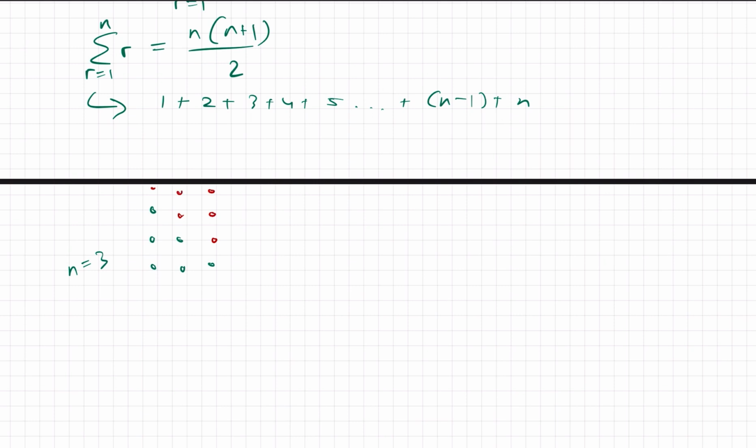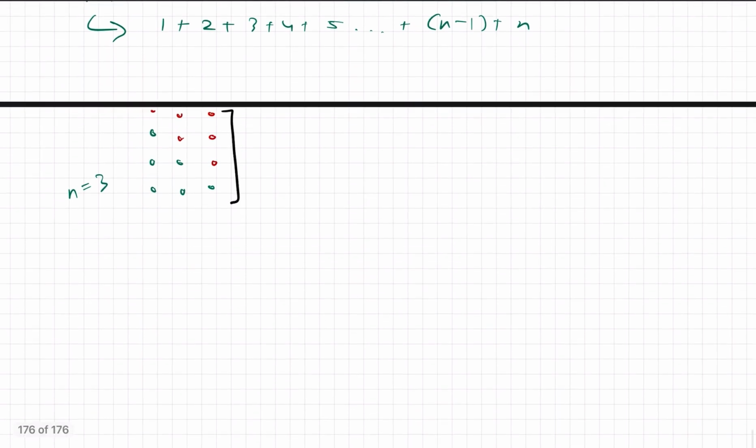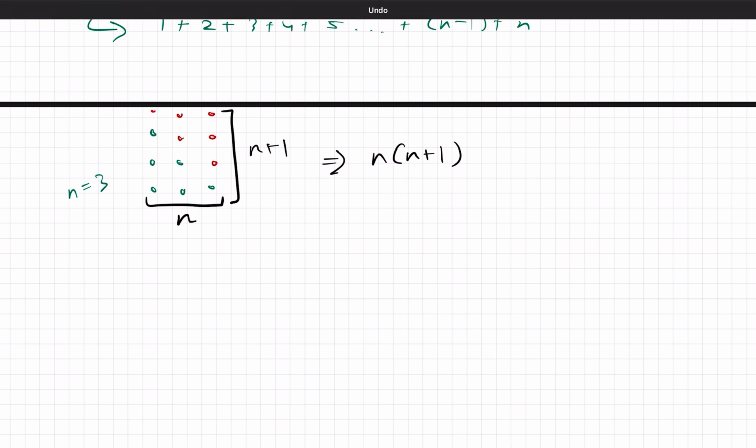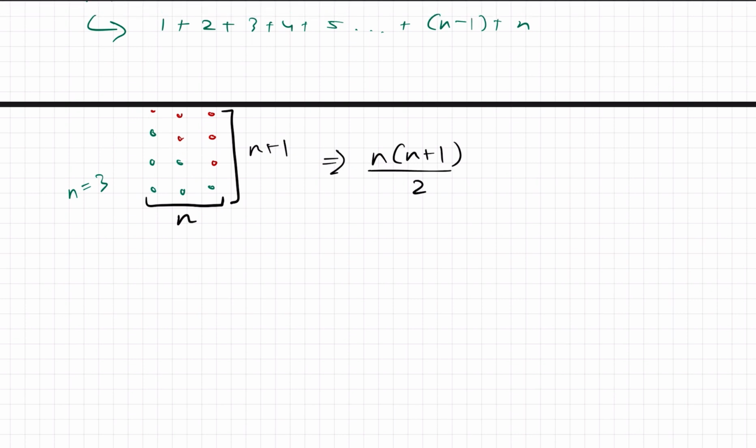And then you observe that this has a height of n and a width of n plus 1. So it has n times n plus 1 dots in total, but we have to divide by 2 to account for the fact that we doubled it. So then we divide by 2, and that tells you what the nth triangle number is.